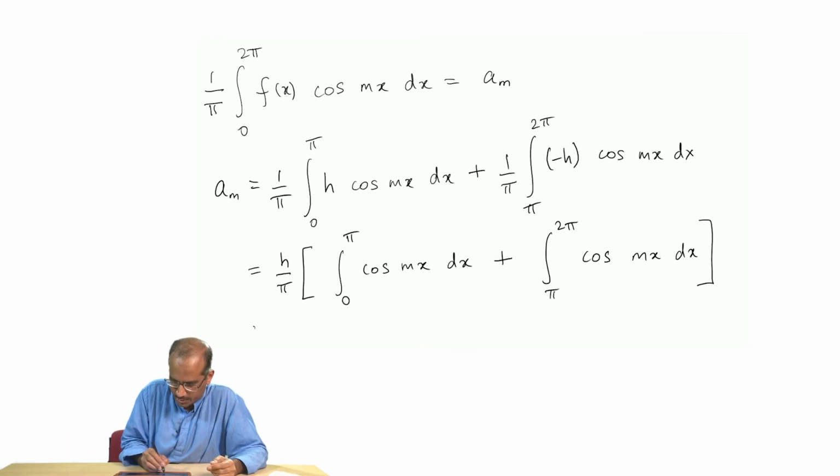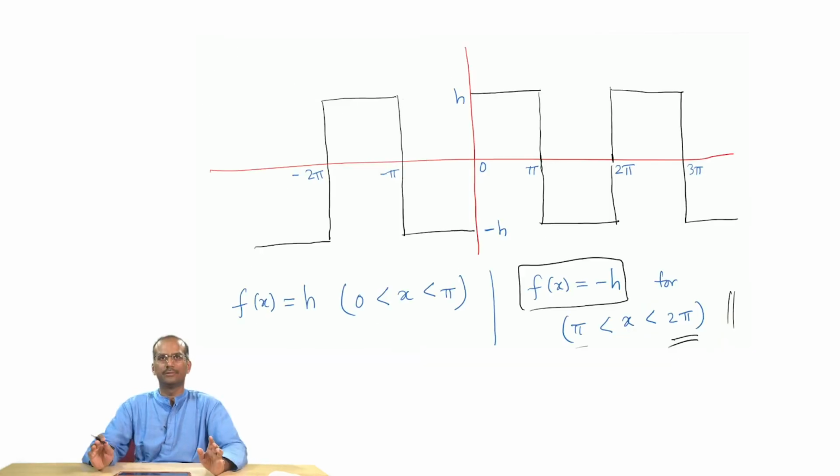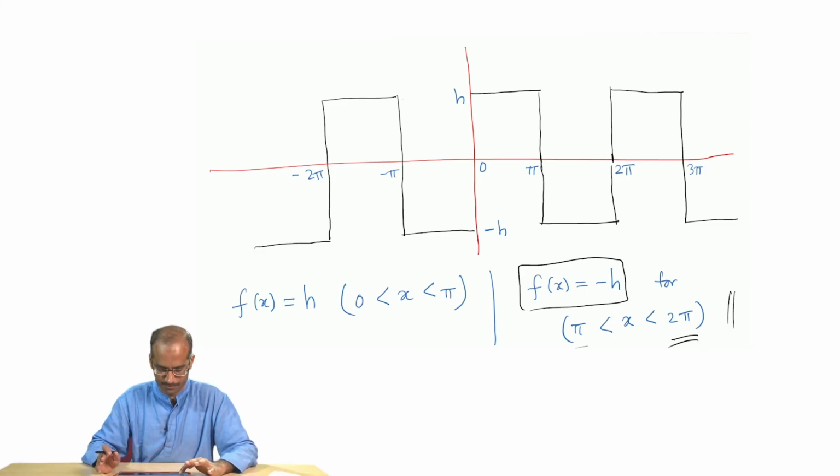So, the answer is going to be h by pi multiplied by 0. So, the answer is 0. The result is that Am is equal to 0 for any integer value of m. This is something that we guessed based on the fact that this function is an odd function.